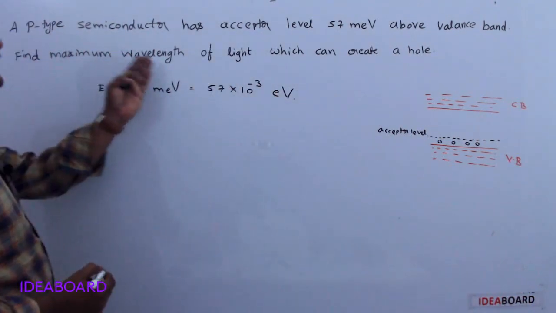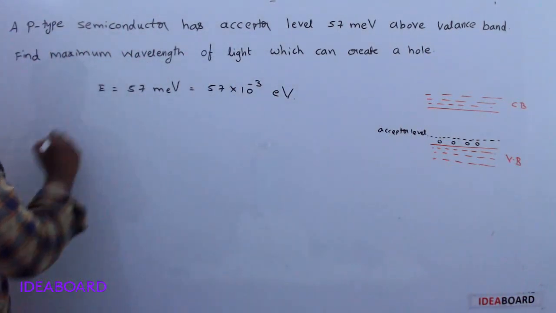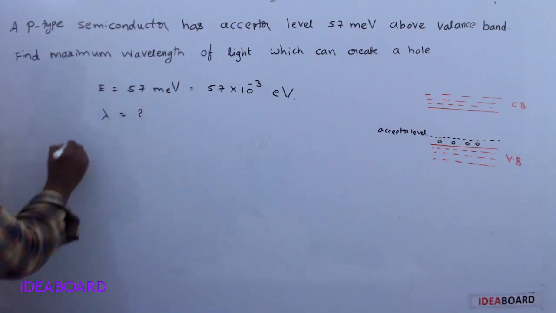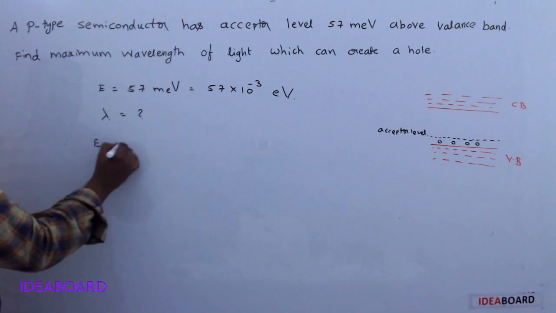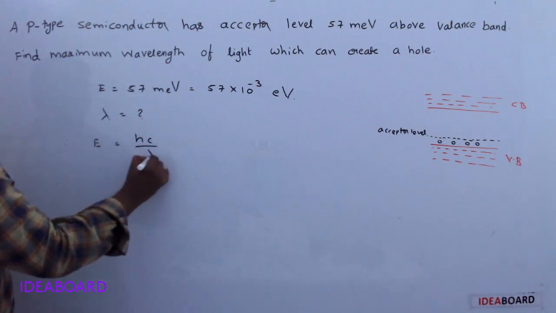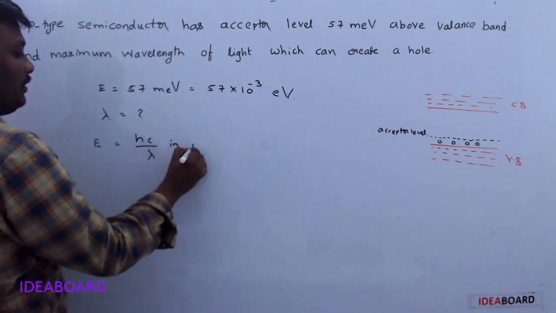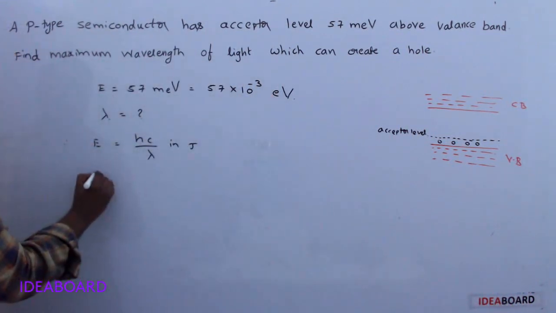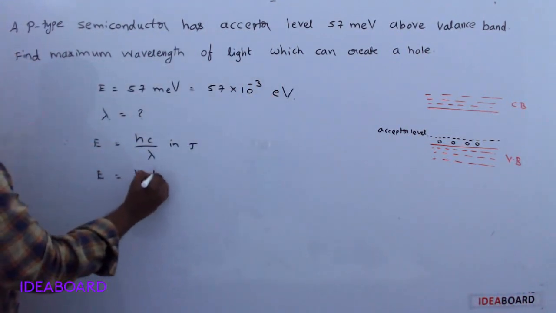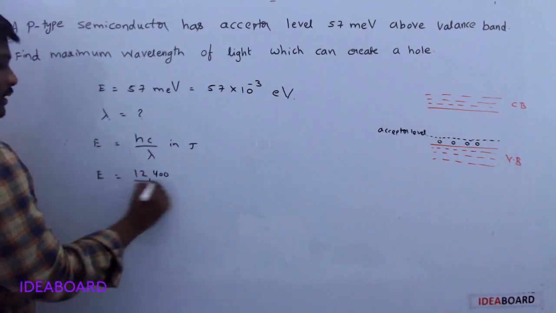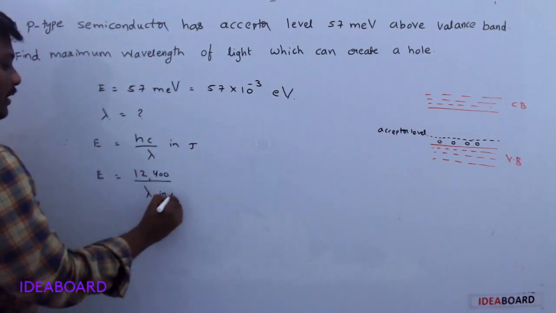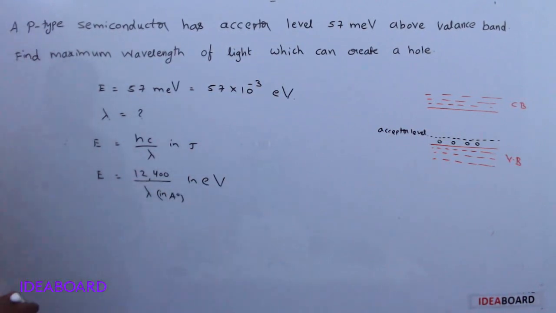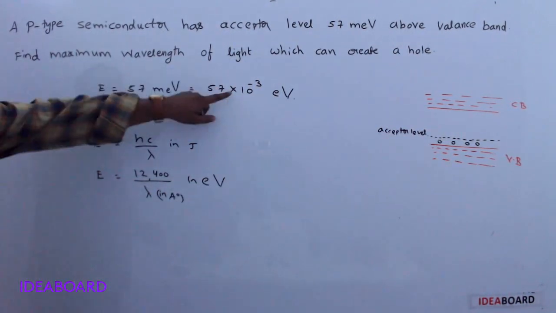And they ask for the maximum wavelength of the light, so lambda is asked. We know the formula for energy: E is equal to hc by lambda in joules, but the energy is given in electron volts. So E is equal to 12,400 by lambda, with lambda in angstrom units, and we get the energy in electron volts.